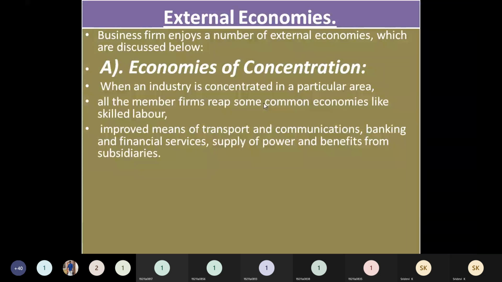Transportation and communications are already existing there, which you can use. You start a company in that area and use whatever facilities are available. This is an advantage to the company. All these advantages come under the economies of concentration.